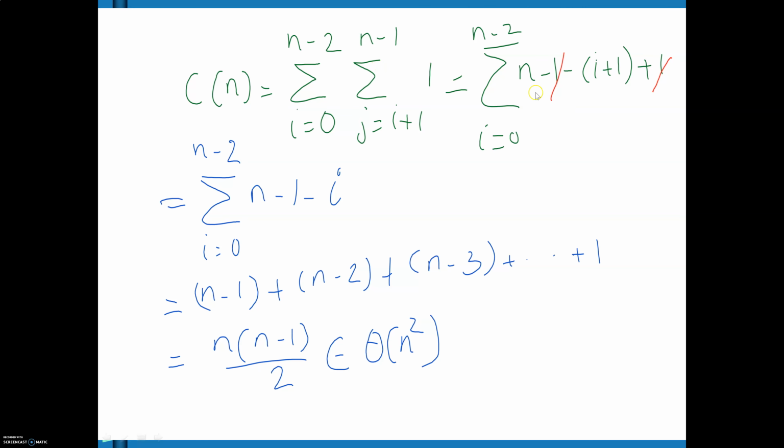So inner summation n minus 1 minus i plus 1 plus 1, that is upper limit minus lower limit plus 1. So once you simplify all these things, the final answer you are going to get is n into n minus 1 divided by 2. This belongs to theta of n square.